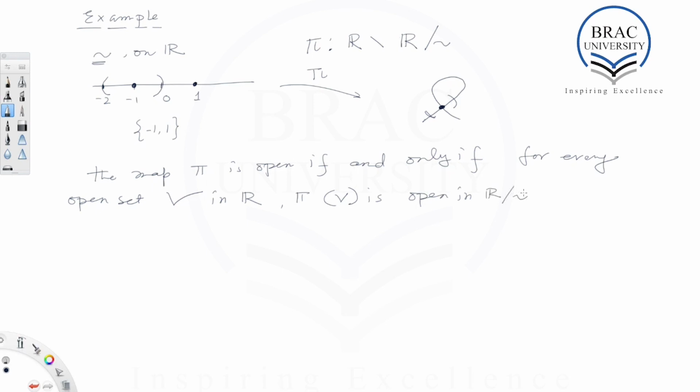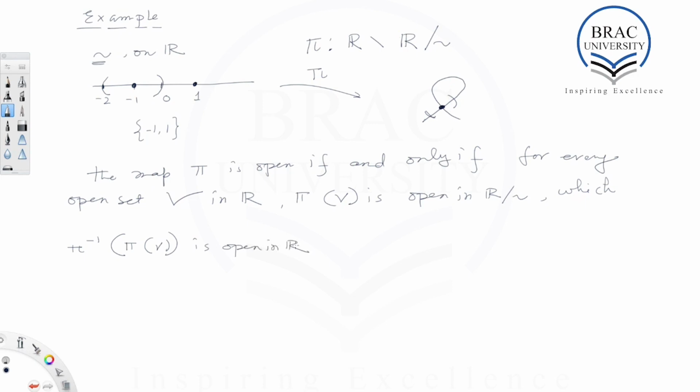Then we say that this projection map pi is open, or in other words, this equivalence relation is an open equivalence relation. This requirement in turn reduces, by the definition of quotient topology, to the pre-image of pi V being open in R, right?